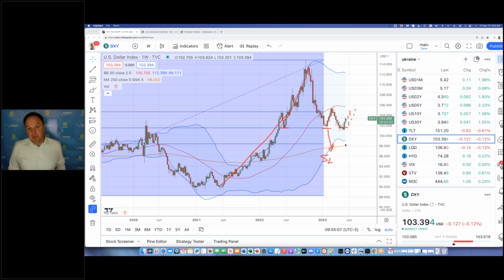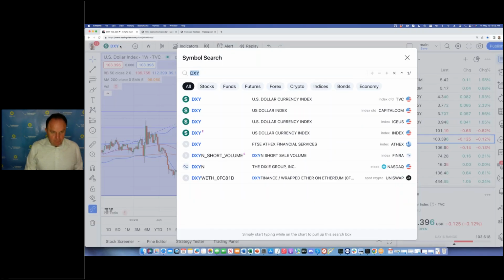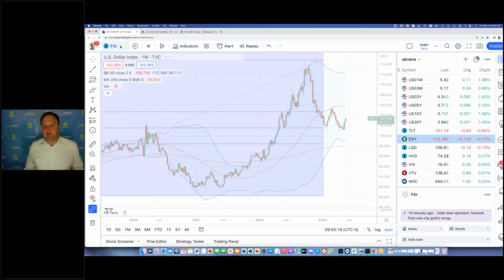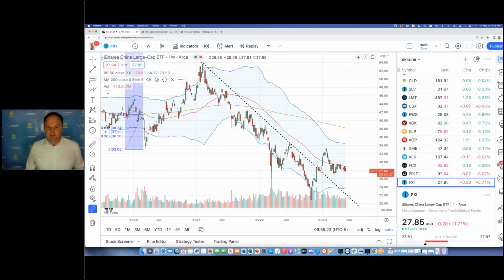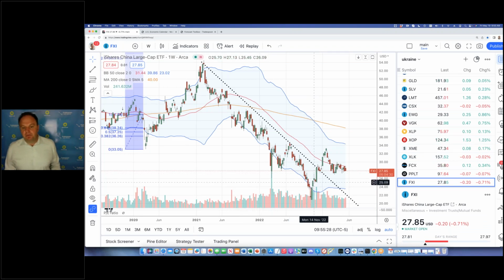Because in the beginning of the year, before ChatGPT, when everybody talked about ChatGPT, the soft landing narrative was based on a weaker dollar, right? Weaker dollar, number 1 argument for support. Number 2 is China reopening, right? China reopening in December when they announced we're going to remove that zero COVID policy, right?